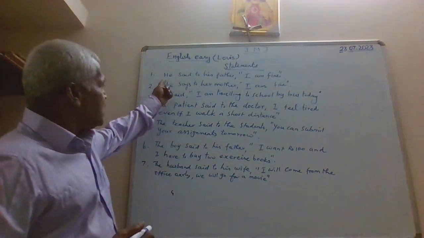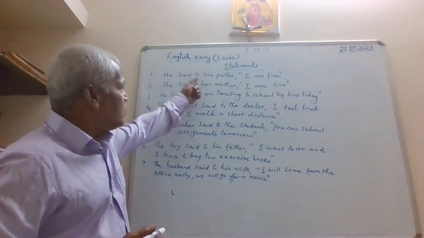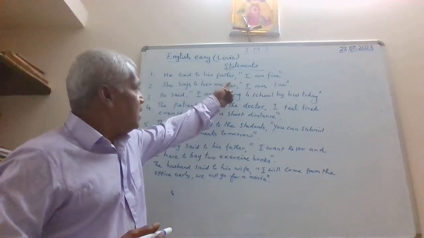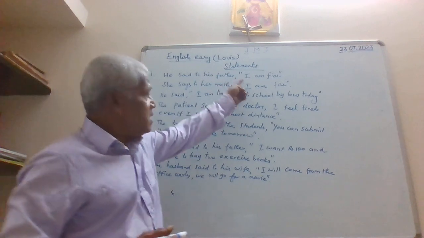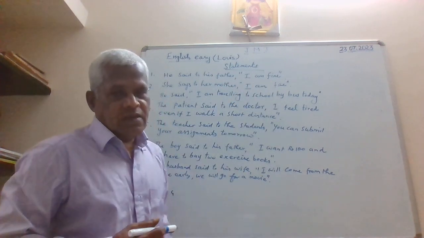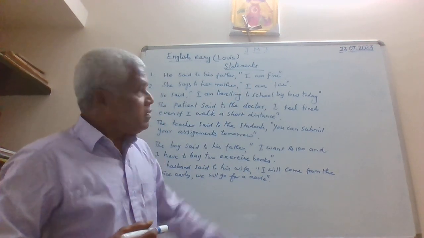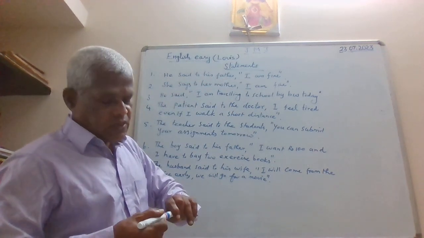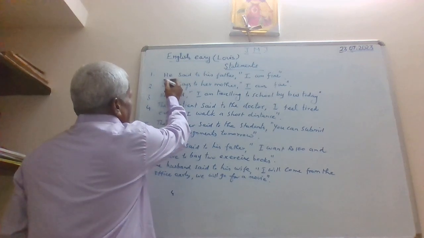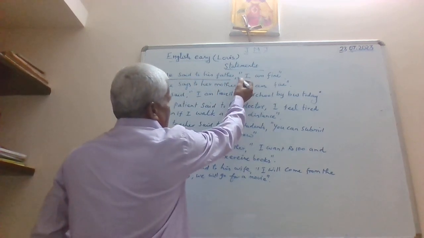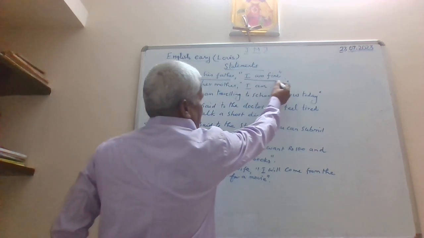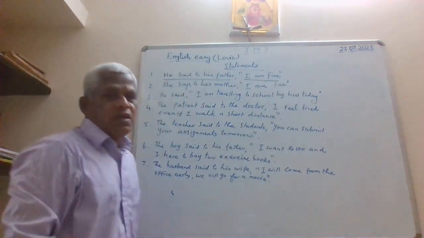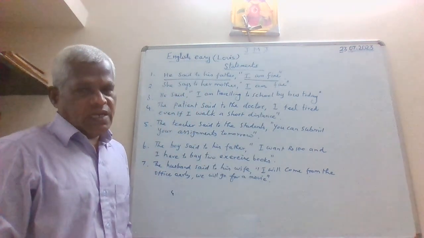What I have written here, first sentence is, he said to his father, comma, open inverted commas, I am fine, close inverted commas, and you have the direct speech sentence.